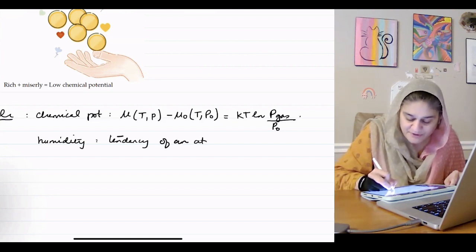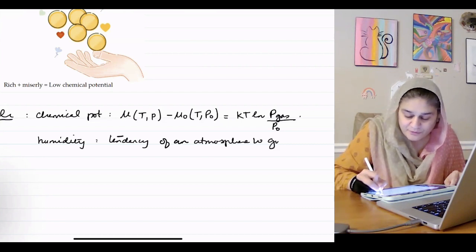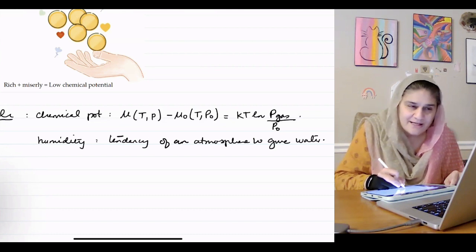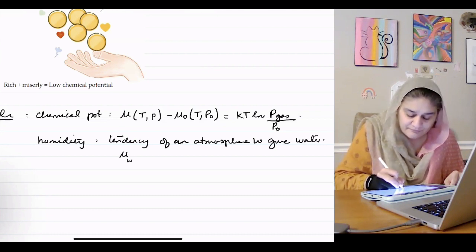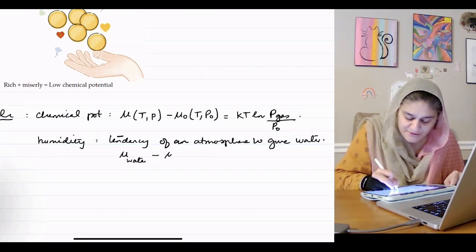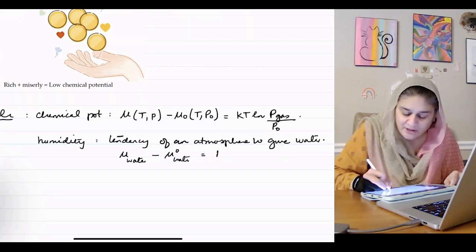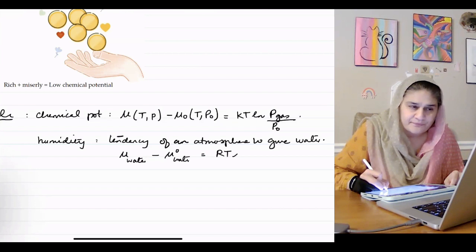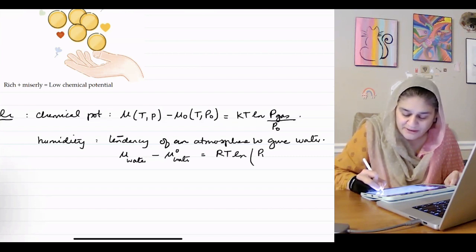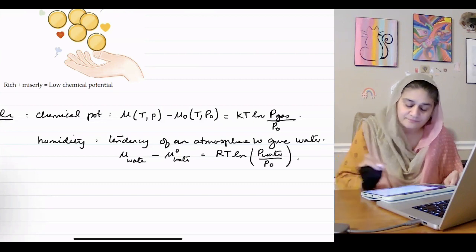So in this case, mu of water minus mu zero of water equals RT log of P water divided by P zero.